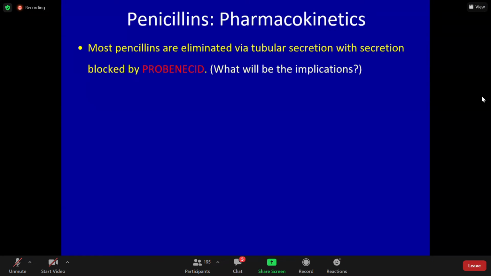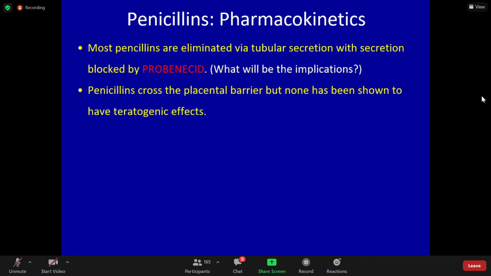What will be the implication? The plasma concentration of the penicillins will become high and it will remain in the system for a prolonged period of time. So whenever you want a drug to have a longer half-life and increased duration of action, you can co-administer probenecid along with penicillin. These are the implications of co-administering penicillin with probenecid.